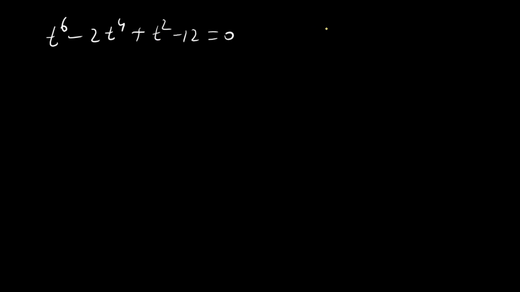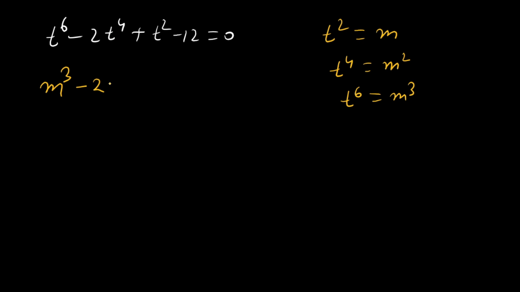If we substitute t^2 equal to m, then t^4 is m^2 and t^6 is m^3. Now t^6 is replaced by m^3, −2t^4 is replaced by −2m^2, and t^2 is replaced by m, minus 12, and this is equal to 0.